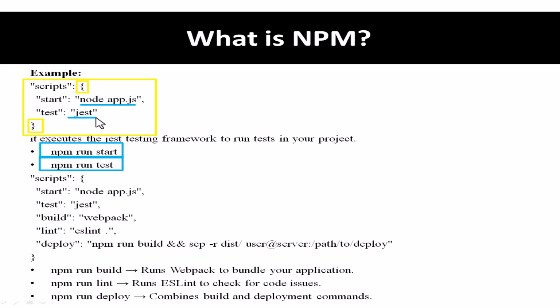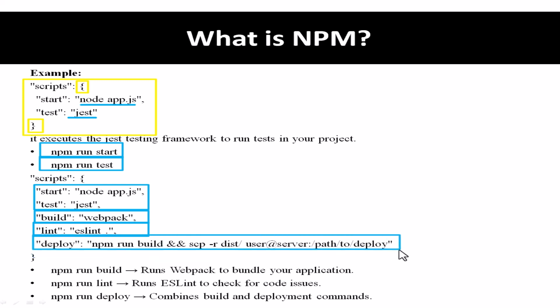Next, Jest is a particular testing platform which you can use for unit testing. Next, here also we have done the same, and what kind of pack are we using? Webpack, and we are initializing it by using eslint --init. ESLint we are going to initialize, and you are going to deploy to whatever the deployment path is.